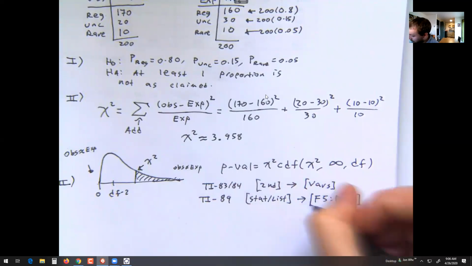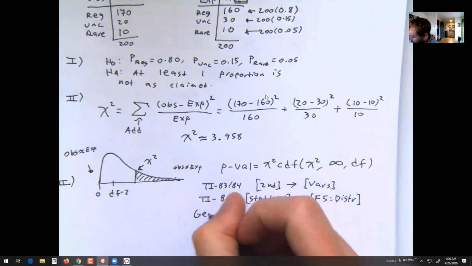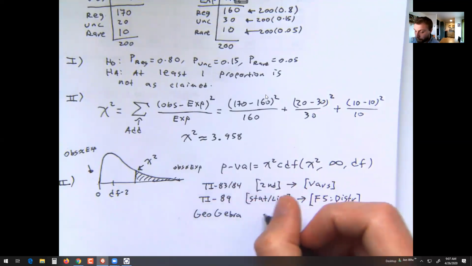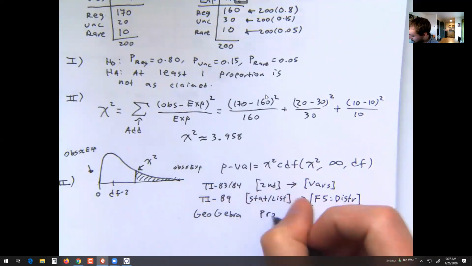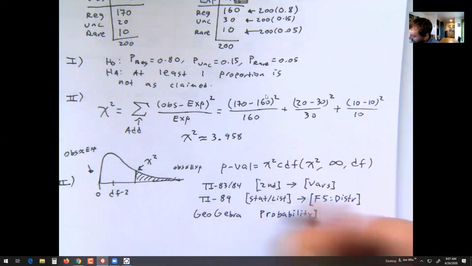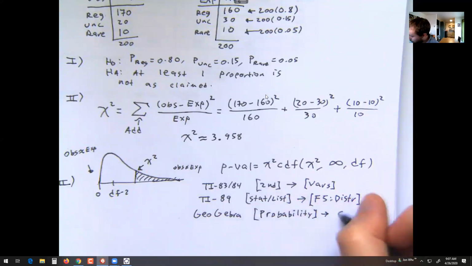And if I'm inside of GeoGebra, I'm going to choose probability when I open it, and then I'm going to go into the option for chi-squared.